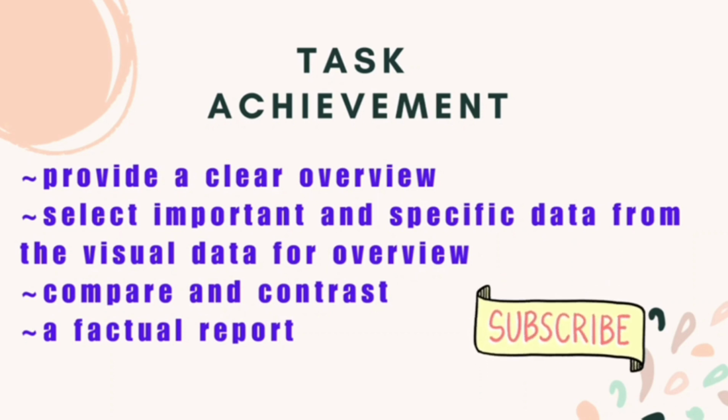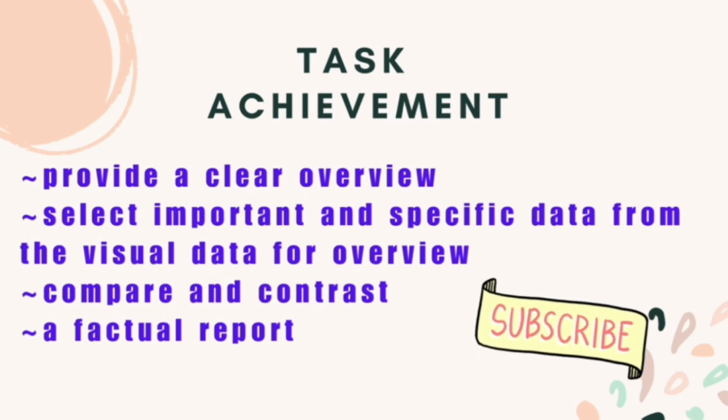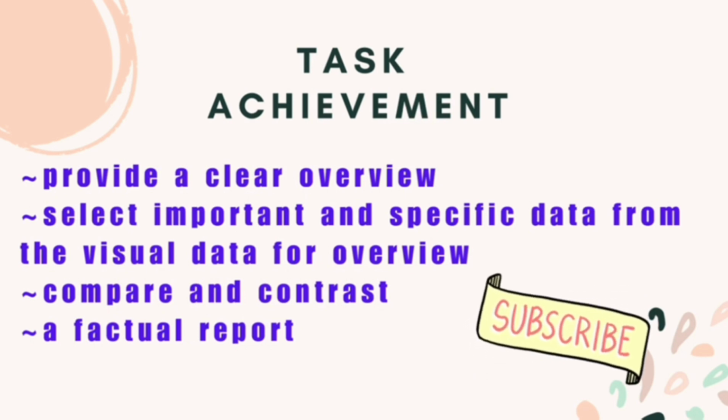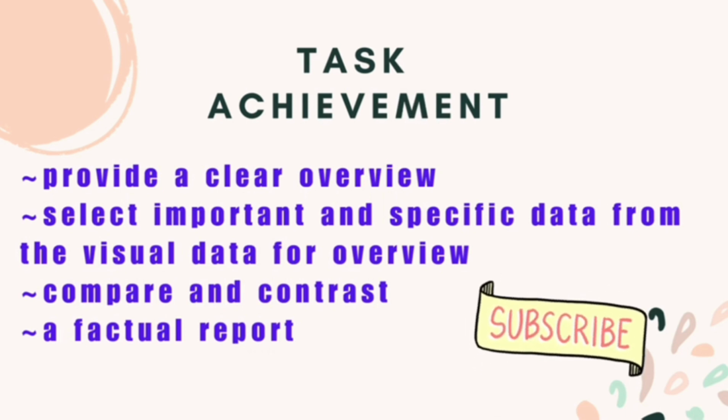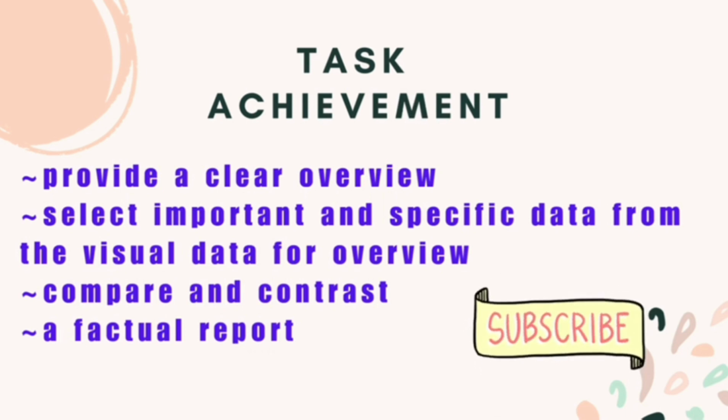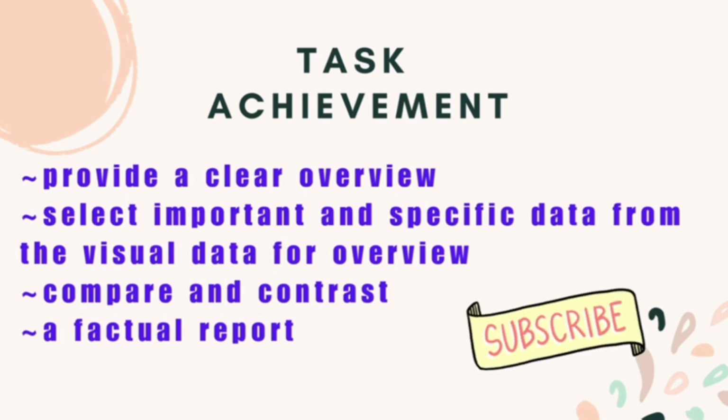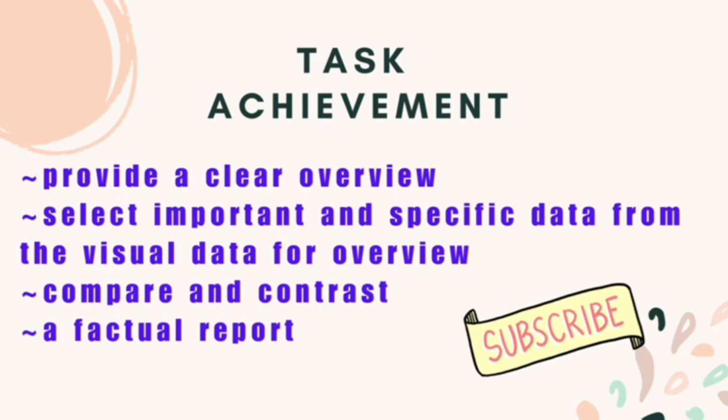For academic writing task 1, task achievement includes a clear overview, where you are supposed to select important and specific information from the visual data and write a clear overview. In the upcoming paragraphs, you are supposed to compare and contrast the information and write a factual report with grammatical range and accuracy.